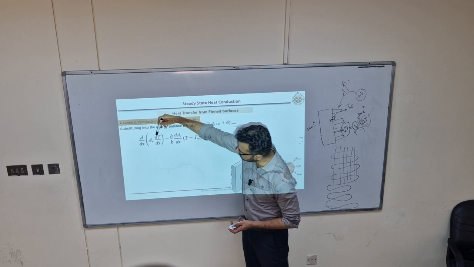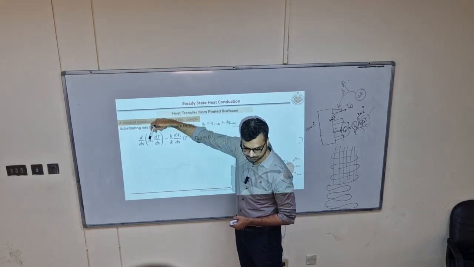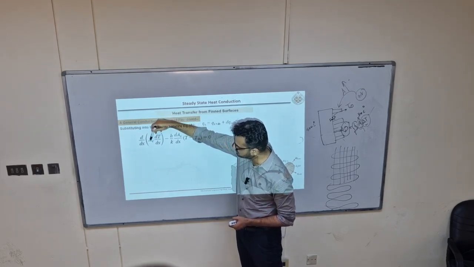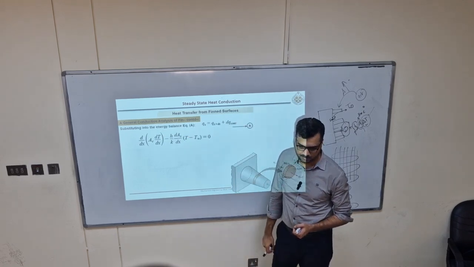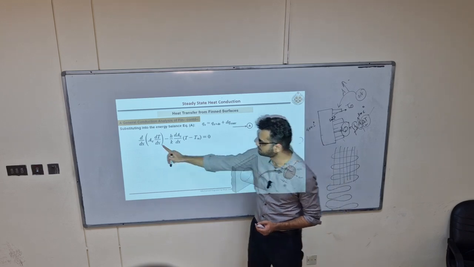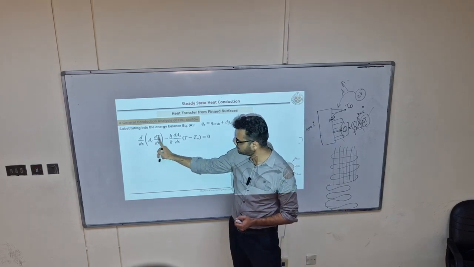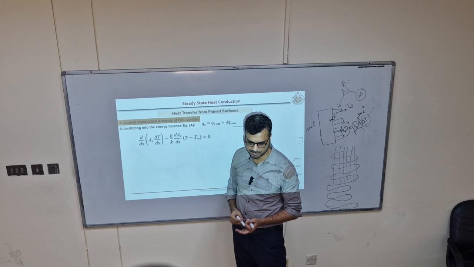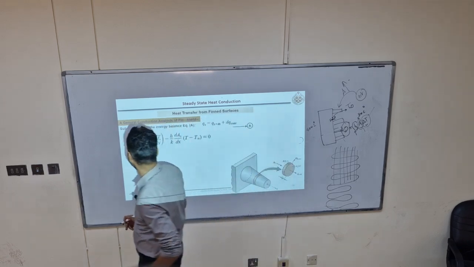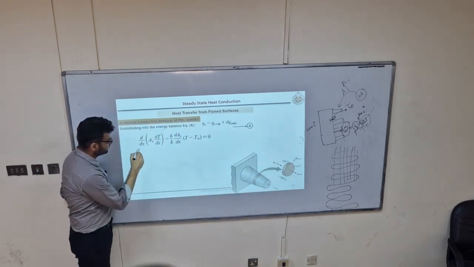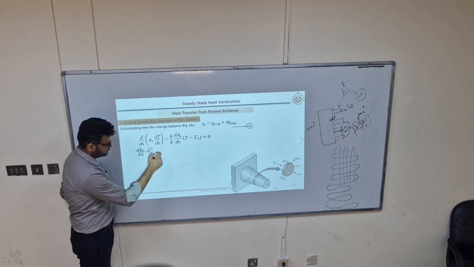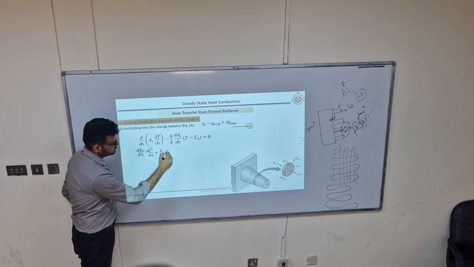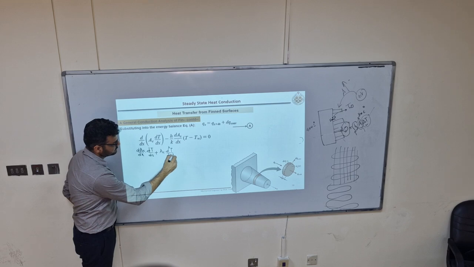Now, I told you Ac is not constant. So here, how will you differentiate it? By applying the product rule of differentiation. Because Ac is a variable, and this dT by dx is itself a variable. So it will be dAc by dx into dT by dx plus Ac into d square T by dx square.